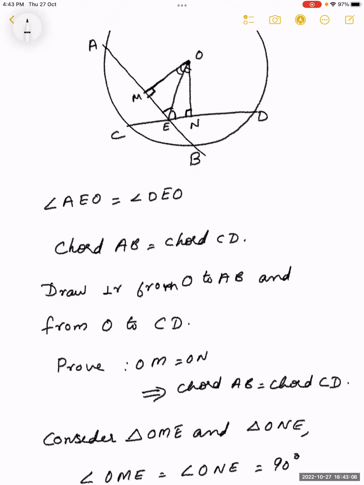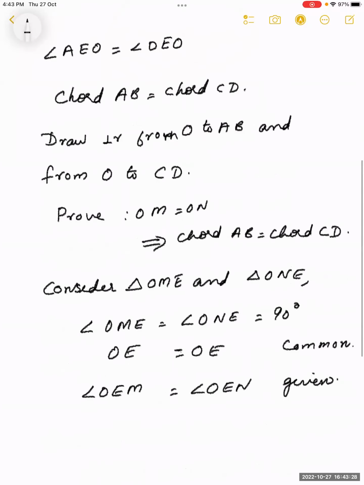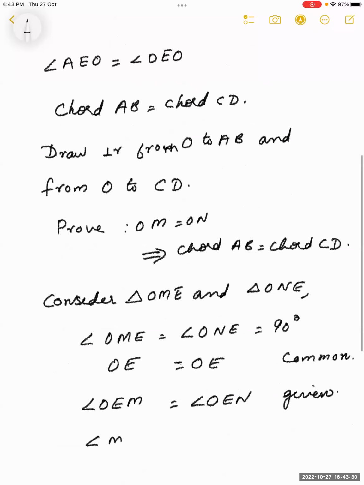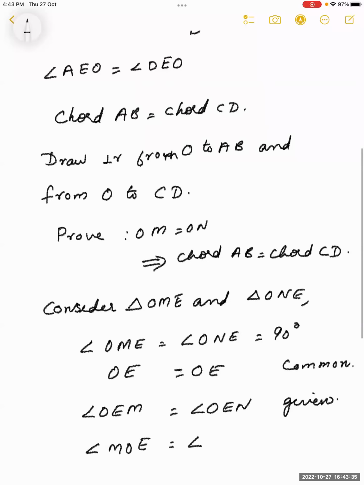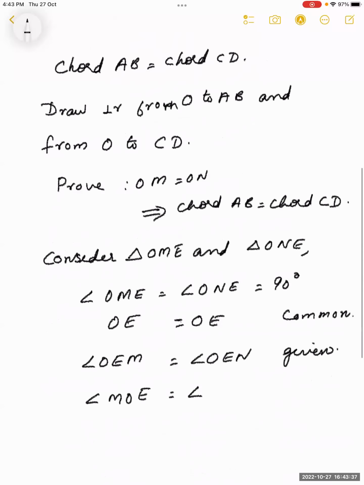In a triangle, when two angles are equal, consider two triangles, correspondingly two angles are equal, don't you think the third angle also will be equal? Are you all understanding? Yes, ma'am. Okay. So we will write that angle MOE is equal to angle NOE. Third angle.